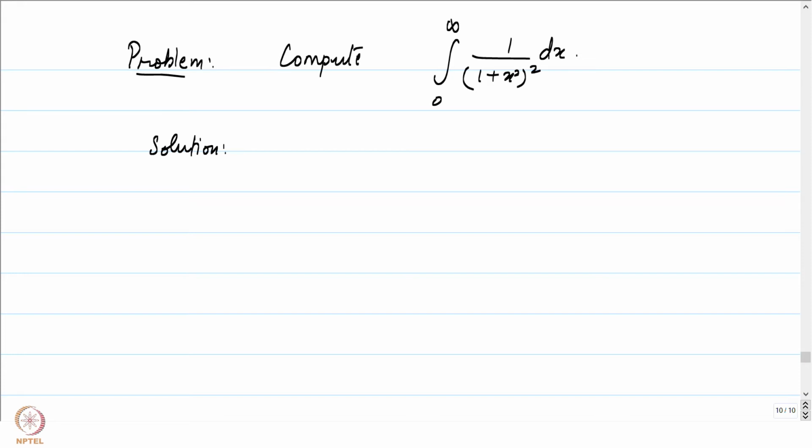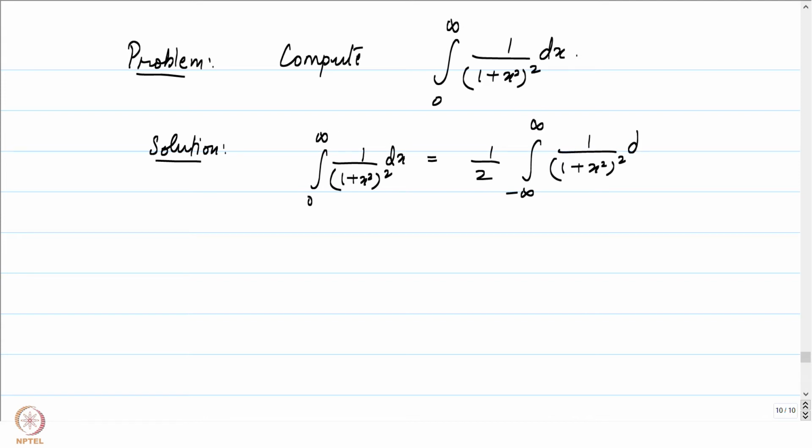As is to be expected, the integral from 0 to infinity of 1 by (1 plus x squared) the whole squared dx is equal to half times the integral from minus infinity to infinity of 1 by (1 plus x squared) the whole squared dx.